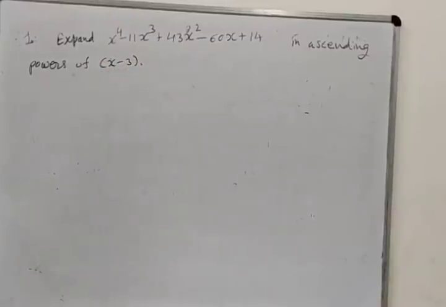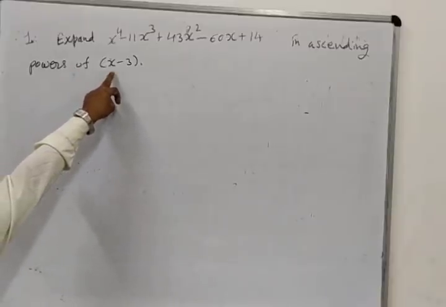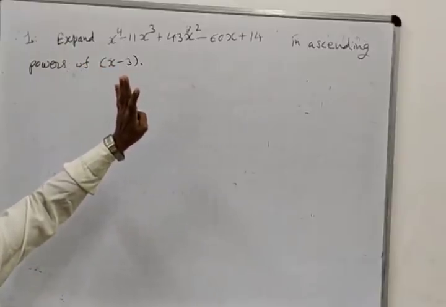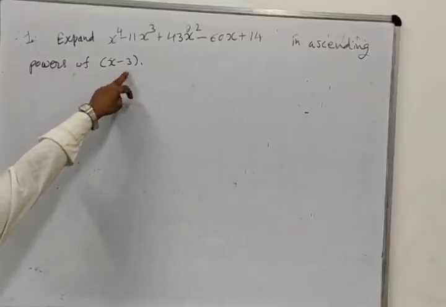Okay, so I am giving you the hint. First, you will have to expand this in the powers of x minus 3. So you will have to use the Taylor series, because Taylor series is in the powers of x minus a. So a equal to 3.